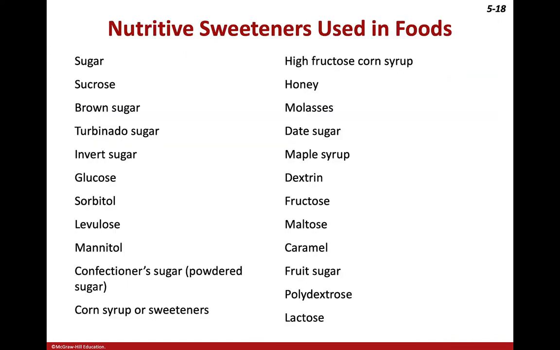Now, when you're looking at a food label, you've probably recognized there are lots of different ways to hide sugar. This is a list of all nutritive sweeteners that are used in foods. That's a lot of different ways to say sugar, and quite often a food manufacturer will include these other terms to make it appear that there's not as much sugar.